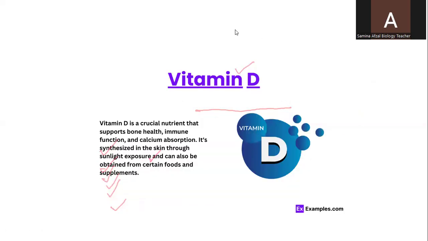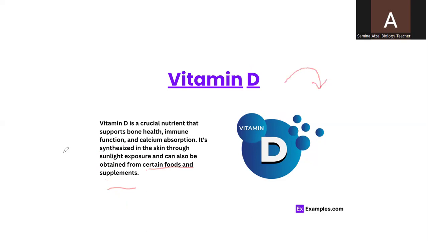The next function of vitamin D is that it supports our bones, teeth, immune function, and calcium absorption. It is synthesized in the skin through sunlight and can also be obtained from different foods and supplements, but its presence should be in the body.